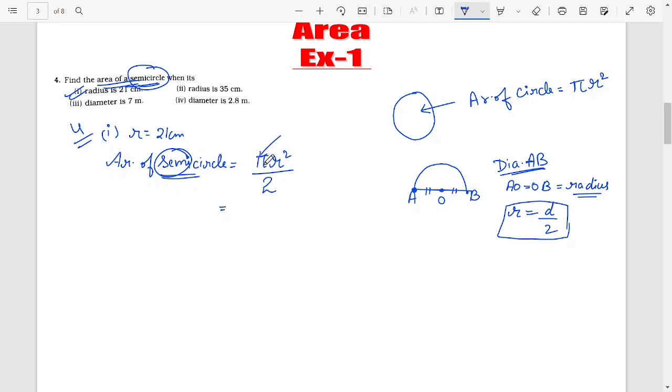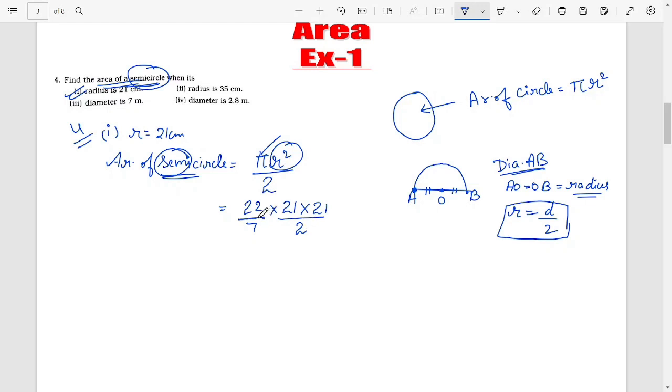Pi value we have to take as 22 upon 7. This you have to learn. Multiply radius square. What is the radius in the question? 21. Square is coming, so one more time we will multiply 21 into 21 because of the square. Now upon 2. Under this we will write upon, and here we will add 2 also.